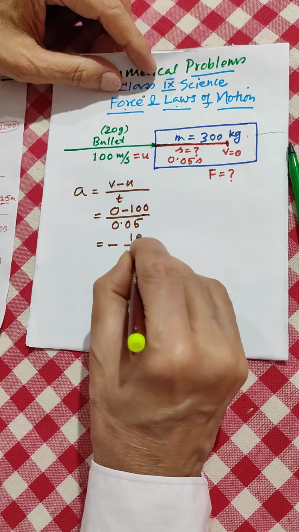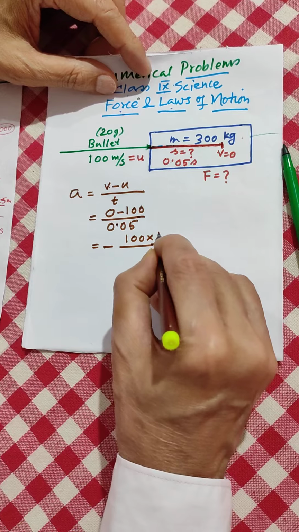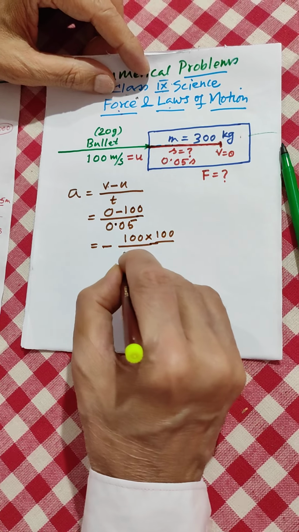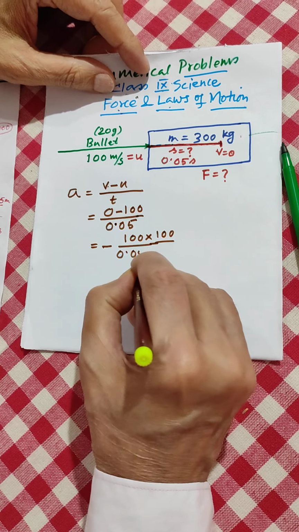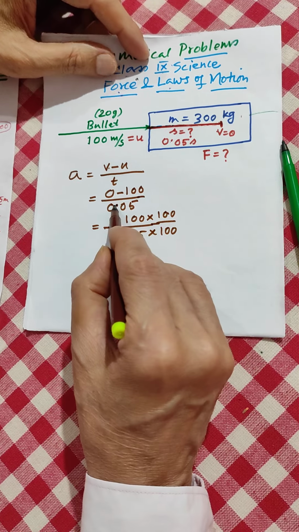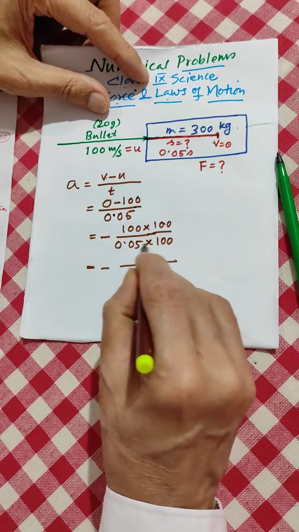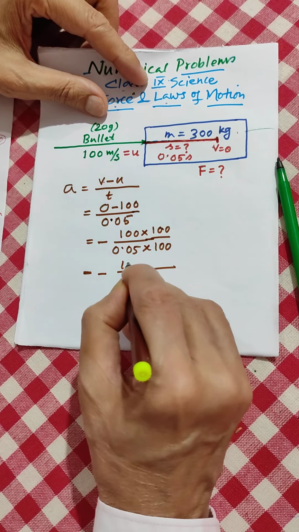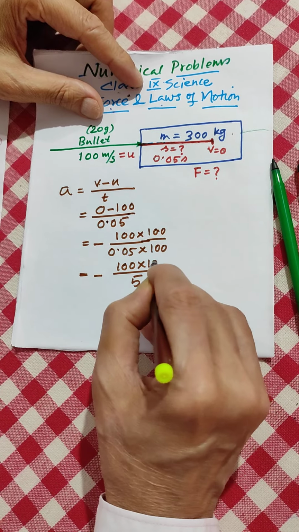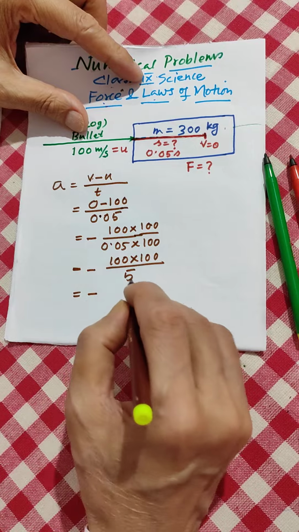So if you calculate this, you get minus 100 by 0.05. If you want to remove the decimal, you multiply by 100 in the numerator and the denominator. We want to remove the decimal. Now the denominator becomes only 5, and the numerator is 100 into 100, with the minus remaining.